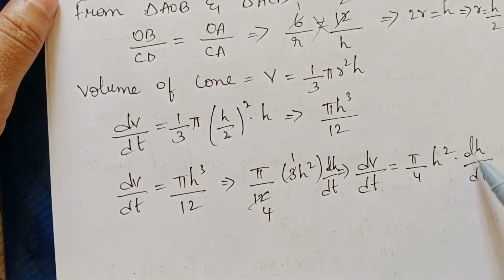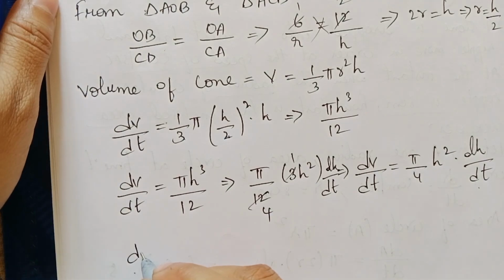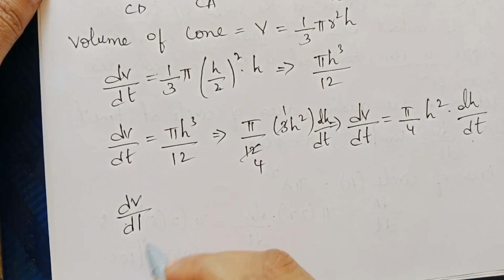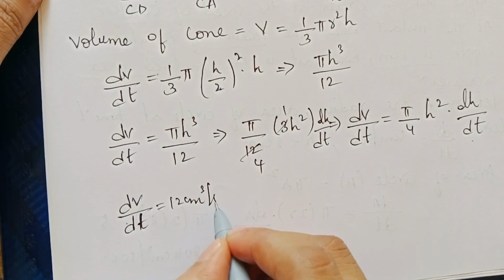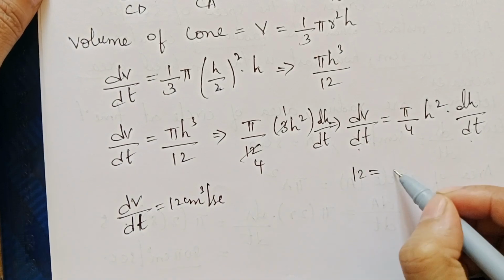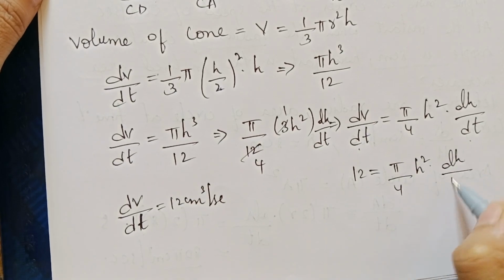Now substitute the value of dV by dt, which is given in the question as 12 centimeter cube per second. So we get 12 equals pi by 4 h square into dh by dt.